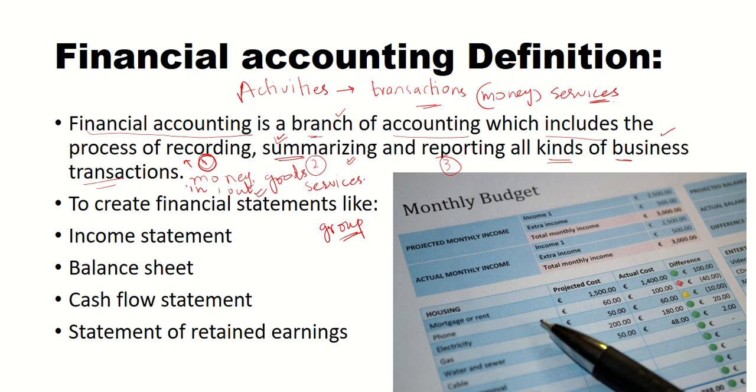So summarizing is very important once the data are recorded. After summarizing the data, it is reported. The third step is reporting, which is very, very important. Reporting to whom? Reporting to the general public, to the stakeholders. The stakeholders can be media, the general public again, the board of directors, other businesses that have invested, or the stockholders who have invested in your business.